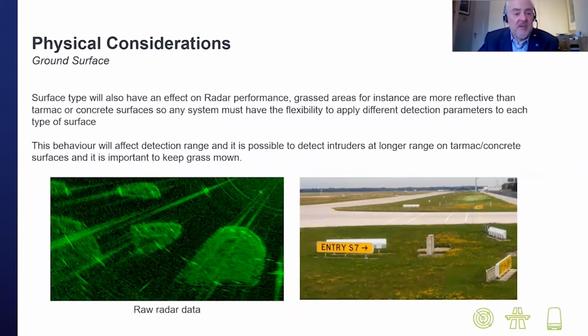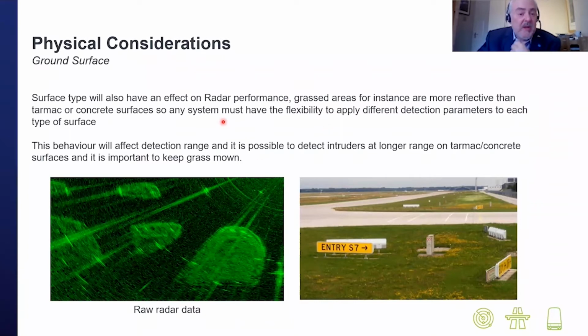The actual ground surface that you're scanning across will also have an effect on the radar performance. Grassy areas in particular, as you can see from this couple of examples here, are much more reflective than tarmac or concrete surfaces. This is the raw data from the radar, and you can see the grass is a much brighter reflection than the tarmac and concrete around it.